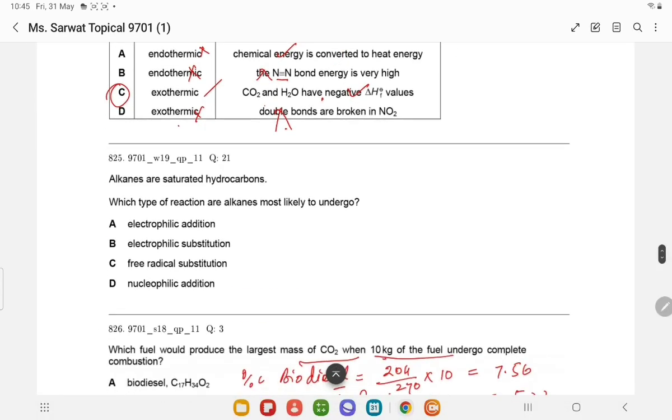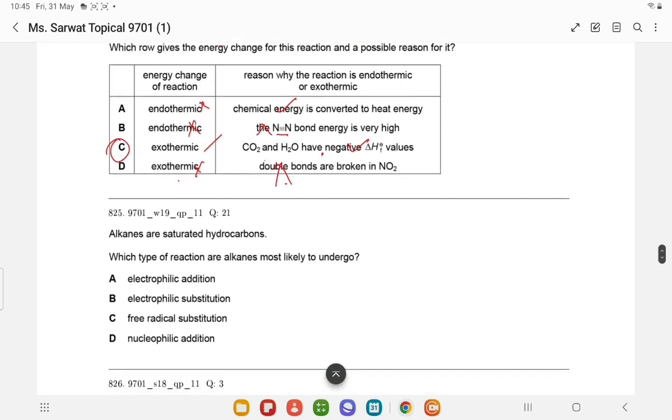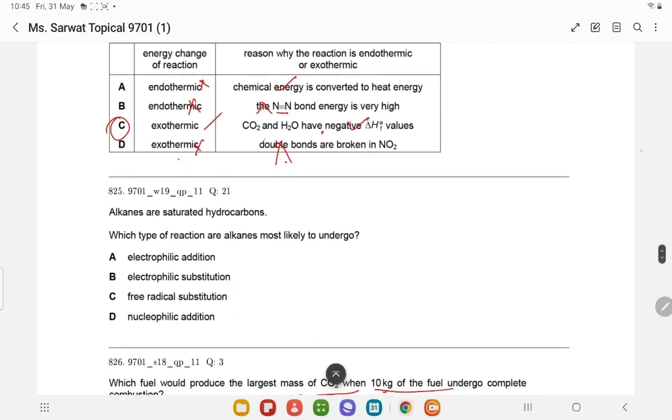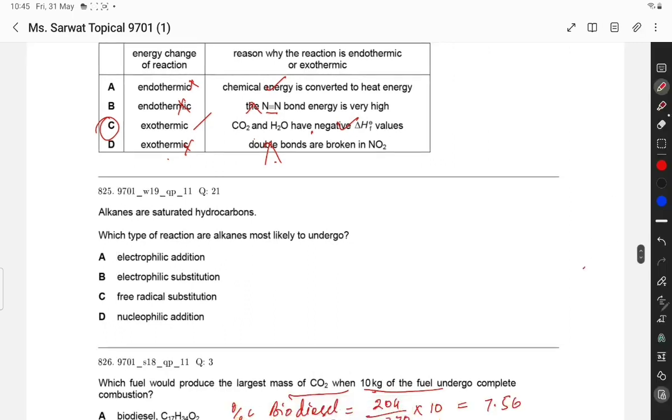Next question is alkanes are saturated hydrocarbons. Which type of reaction are alkanes most likely to undergo? Electrophilic addition.